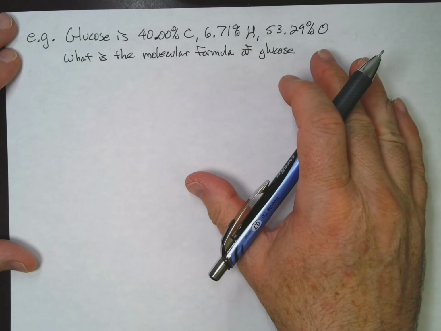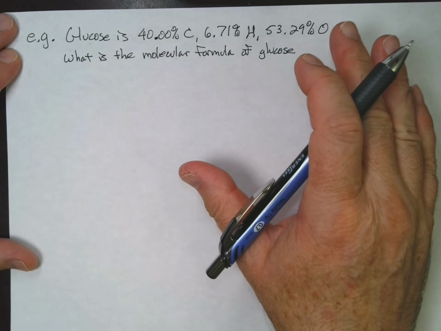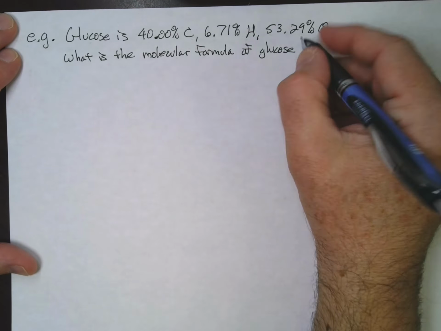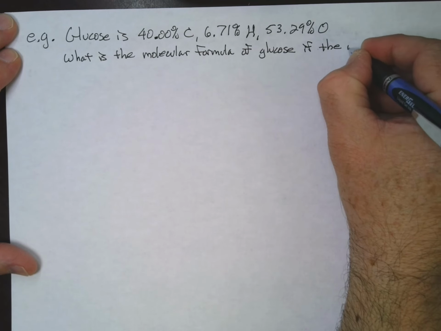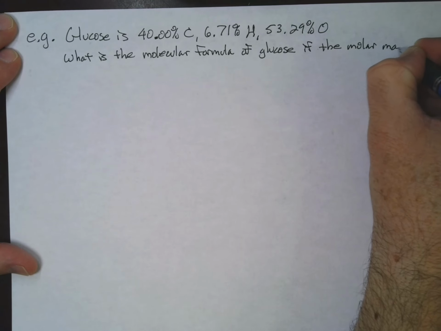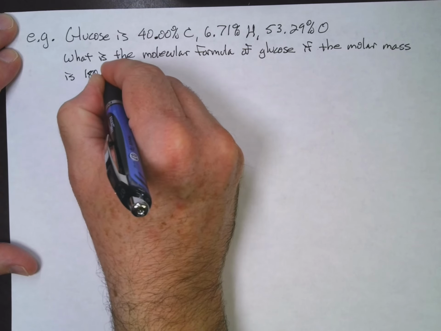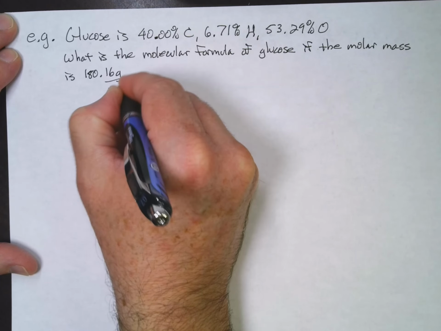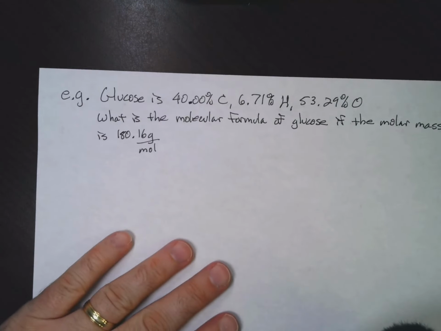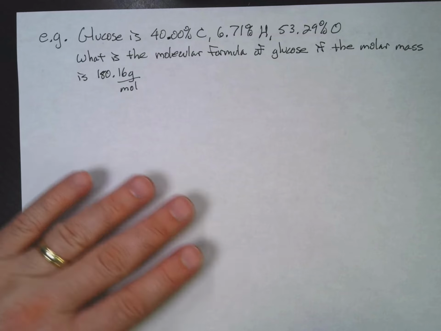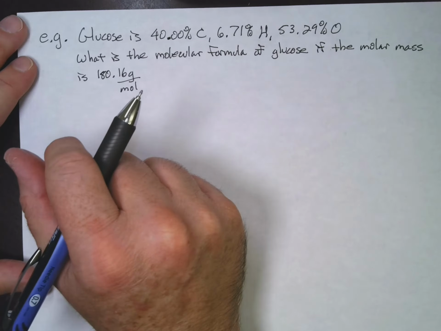Now, I haven't told you the molar mass, so I'm going to need to do that. So what is the molecular formula of glucose if the molar mass is 180.16 grams per mole? Okay, seriously, is every time I say mole, that guy going to show up? I don't know. Let's continue.